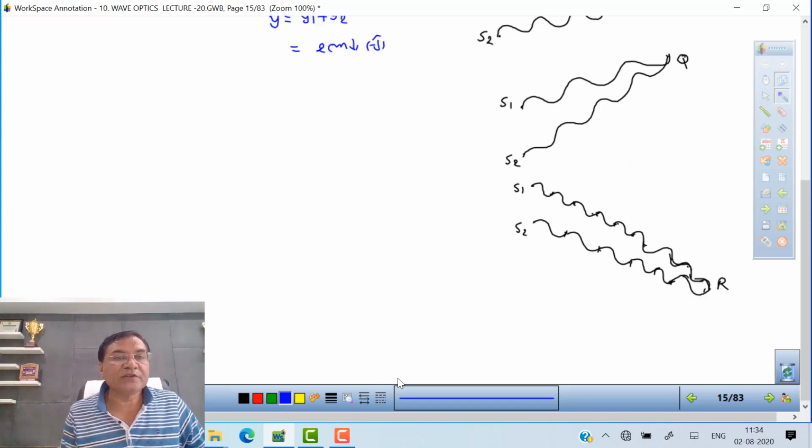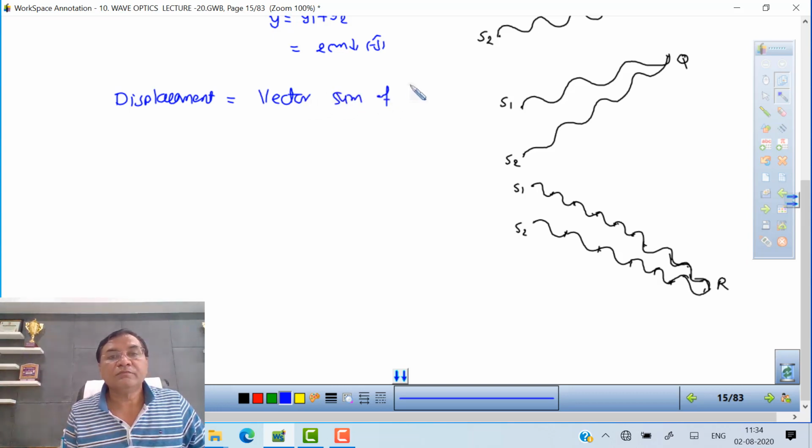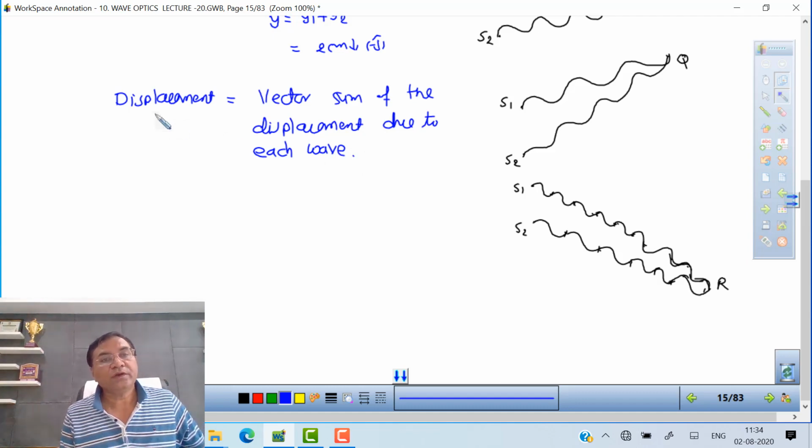So in short, displacement is equal to the vector sum of the displacement due to each wave. Okay, you have to do vector addition. Suppose one in x direction, other in y direction, then you have to take i and j both. And you can understand now.